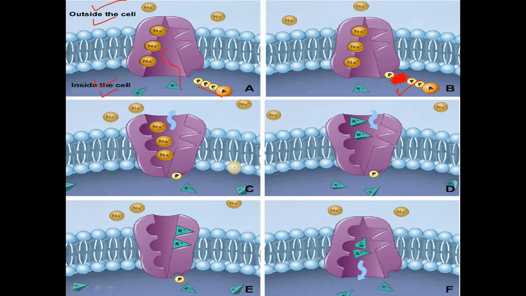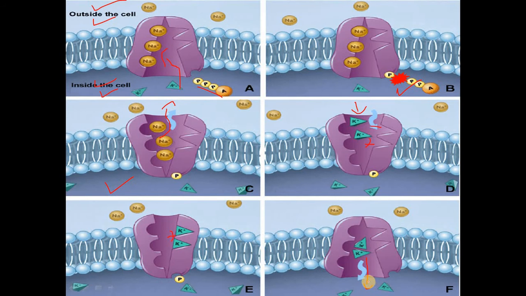Phosphorylation takes place, and in the third step the cell membrane is opened and 3 Na plus go outside the cell, and at the same time 2 K plus ions go into the cavity and are trapped in this cavity, and lastly they go inside the cell.